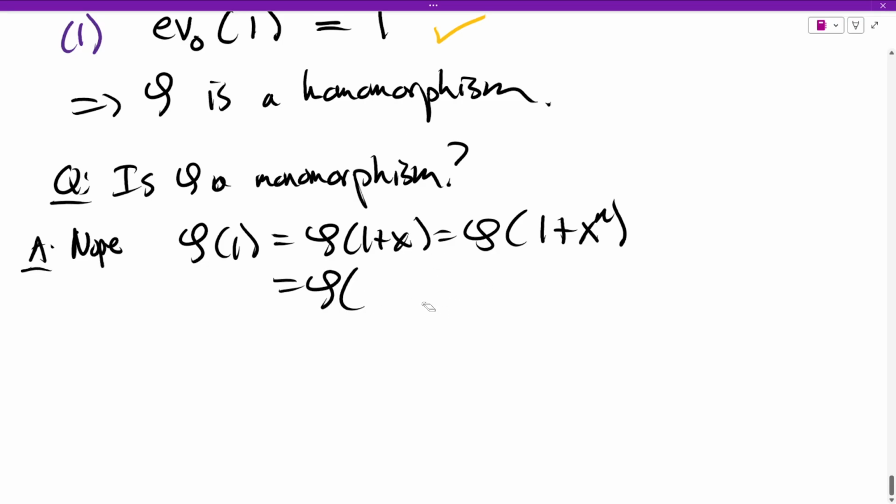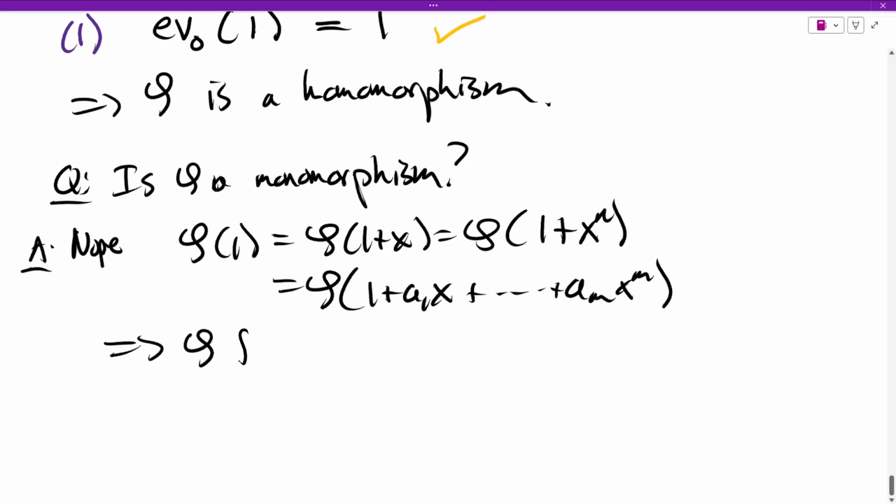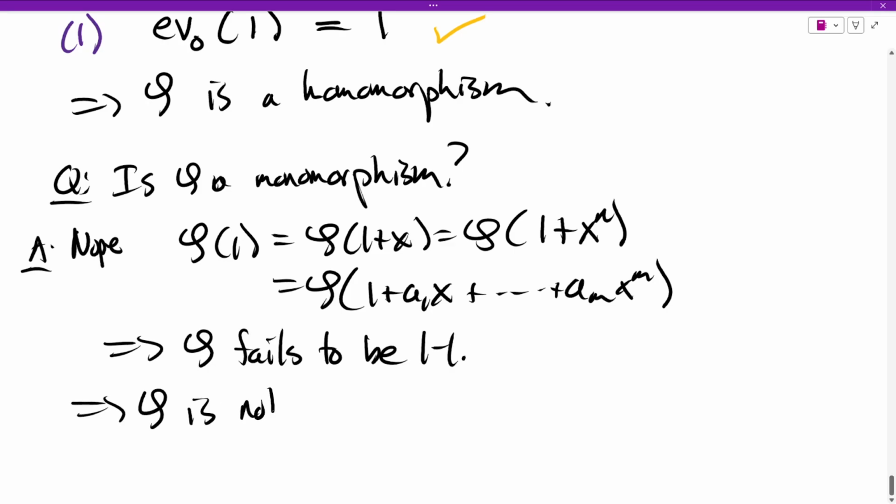In fact, let me just write out a random polynomial with 1 as the constant term. So is it 1-to-1? Well, none of these inputs are in general going to be equal to each other. So not only is phi not 1-to-1, it's like really not 1-to-1. So this tells us that phi is not a monomorphism.